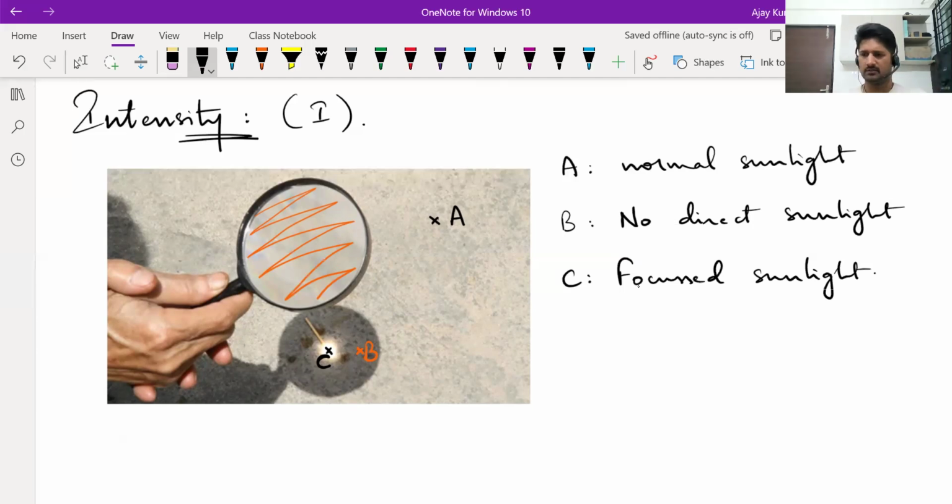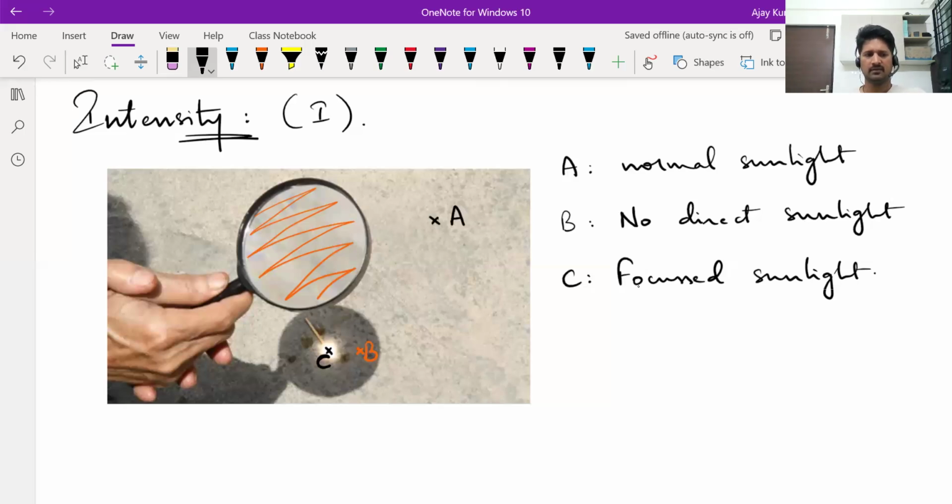Now you all tell me this. If you put a sheet of paper in direct sunlight, no magnifying glass, will it burn? If a sheet of paper is left in direct sunlight, maybe afternoon sunlight itself, will it burn?